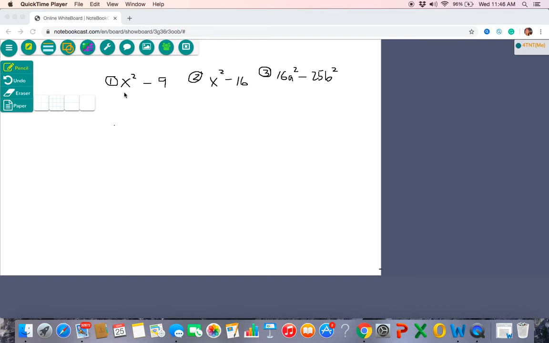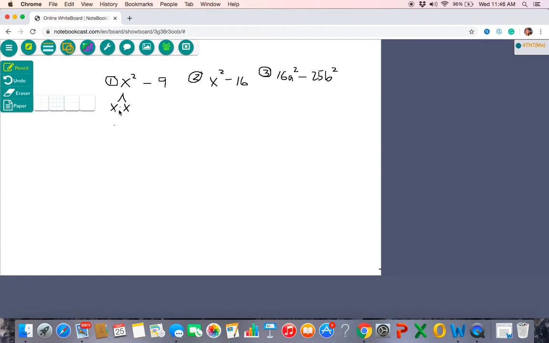So here I have x squared, which I know is x times x. You'll get really good at this and you won't need to do this anymore, but in the beginning, this might be good, so that you know that the square root of x squared is x.